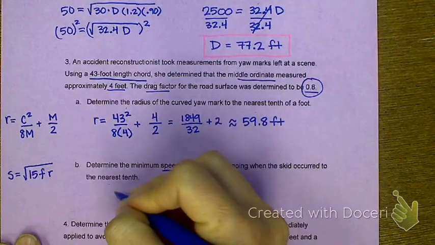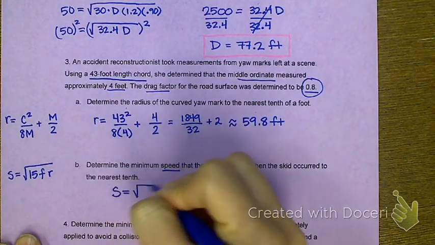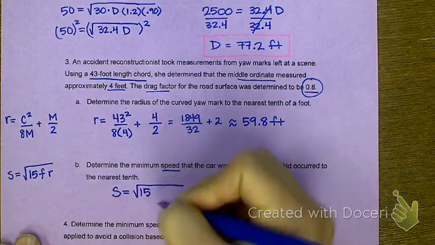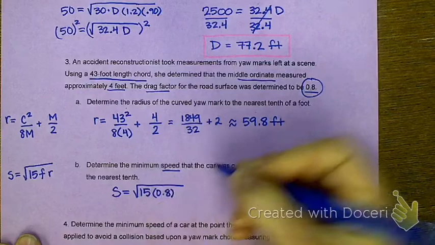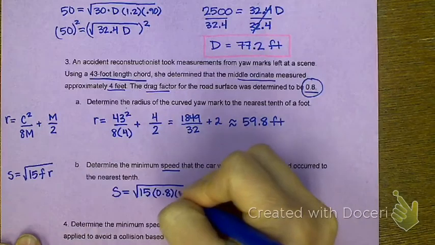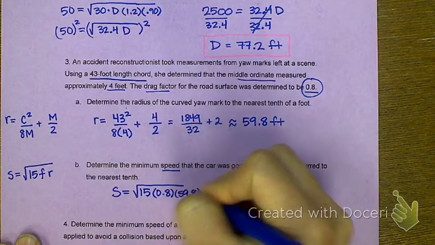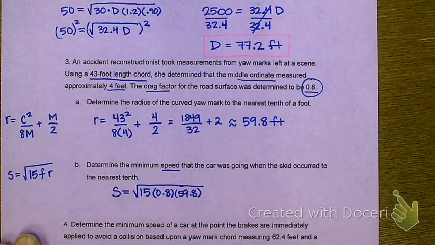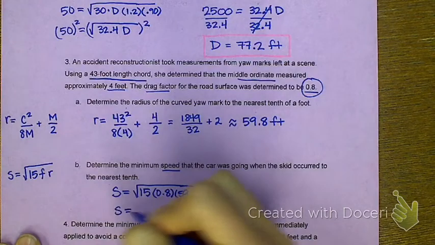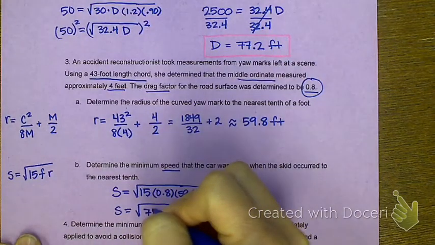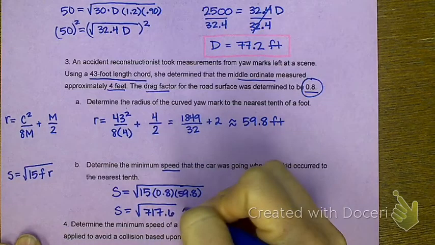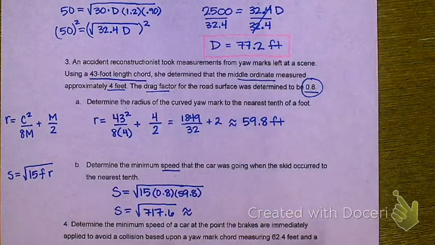So I'm going to say S equals the square root of 15 times my drag factor, 0.8, times R, my radius, 59.8. Now that I've put all those things in, I'm going to just evaluate. Inside the root, I end up with 717.6, and then I'll round to the tenths place again because that's what the instructions say.